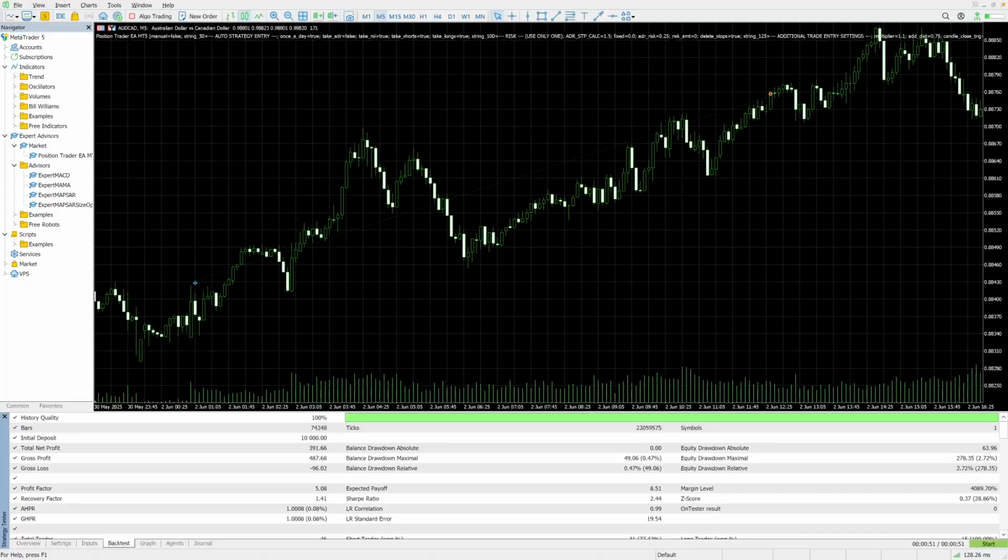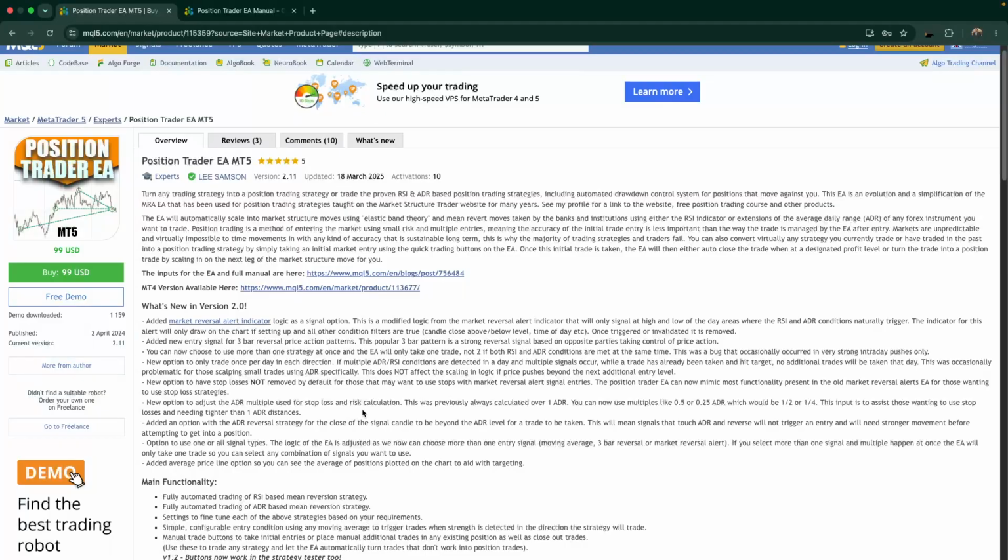So the thing is, low frequency systems like this one avoid a lot of noise but require patience. In practice, this means you might go long periods without trades, but when it does enter a trade, the risk control keeps things clean. There is no greed, there is no martingale, and that is a big plus. My verdict for this EA is that it is a disciplined, low frequency, multi-strategy position trader that delivered excellent controlled results in this test.